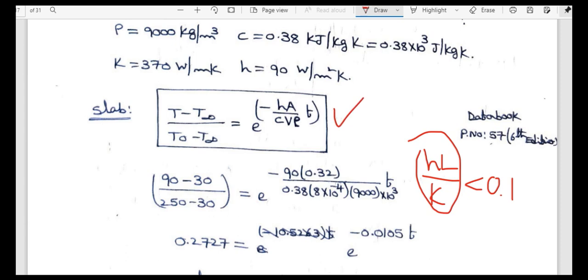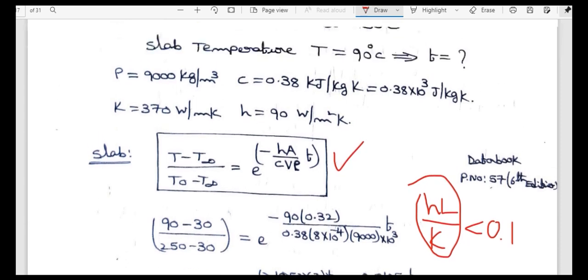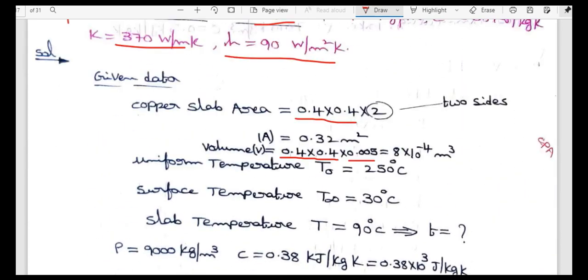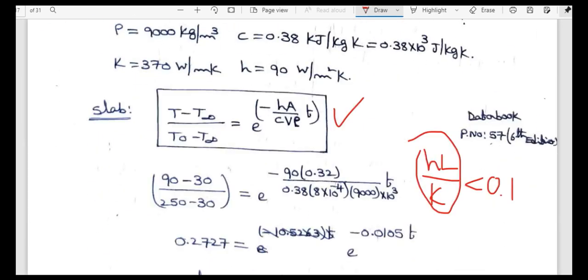So now I can substitute these values in this equation. What is the formula? T minus T infinity by T naught minus T infinity. So here, what is T, what is T naught and what is T infinity?